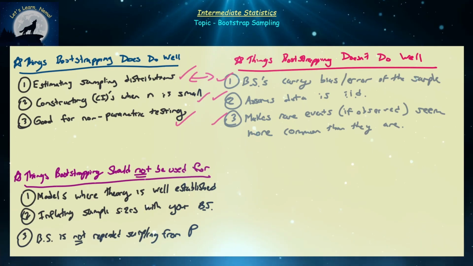A couple more things that you definitely should know are things that bootstrapping should definitely not be used for, and I have seen several resources where they actually do these things, so be very, very careful. If you have models, for example, confidence intervals for the population mean, where the theory is well established, where it's very common knowledge in the statistical community to do certain things, do not use bootstrapping methods for those particular models.